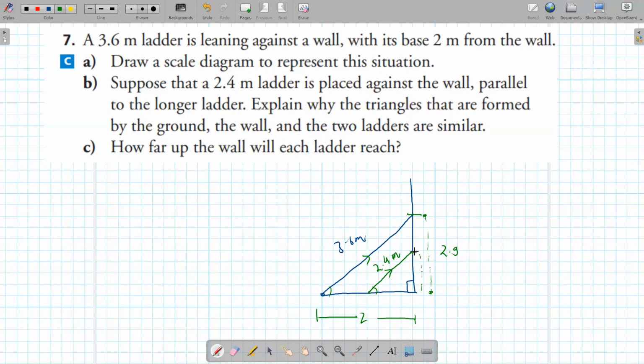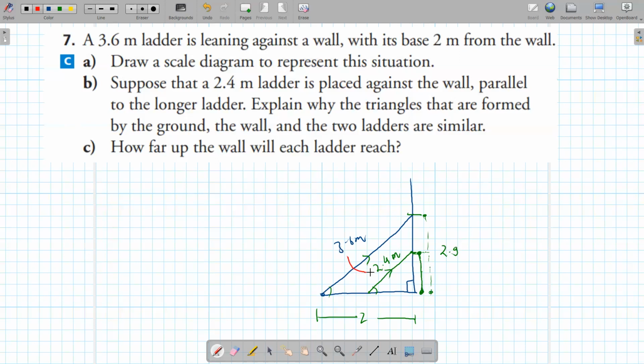Now we're trying to find this height, right? How do we do this? Is it just half of 2? No, you're going to have to use the scale factor. Let's first find the bottom, maybe that'll be easier. What's the scale factor?